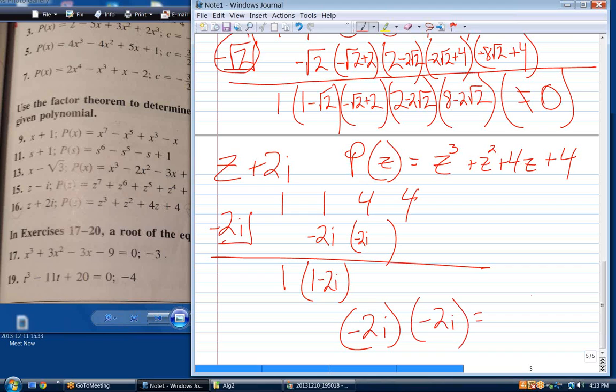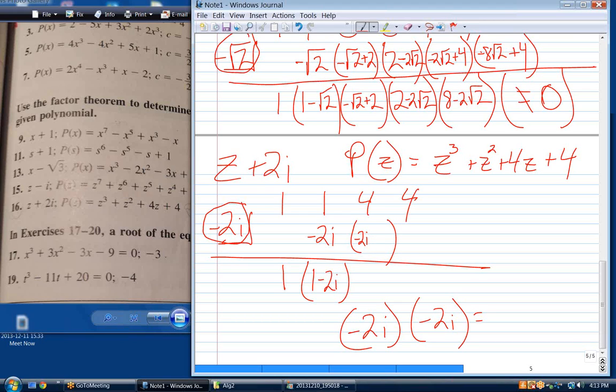Just do it algebraically. What do you get? In other words, we multiplied that by the 1 to get this. Now we have to multiply that by the minus 2i to finish that.